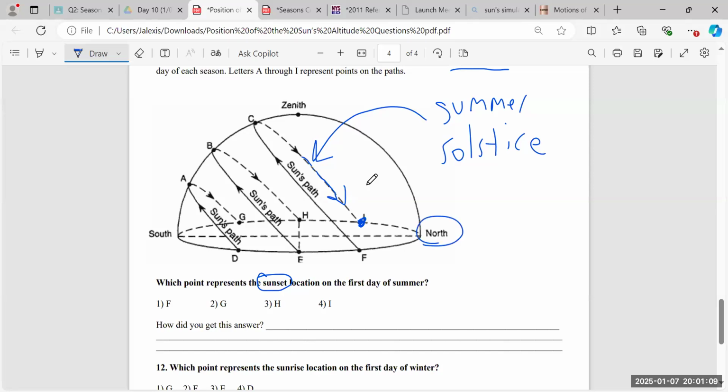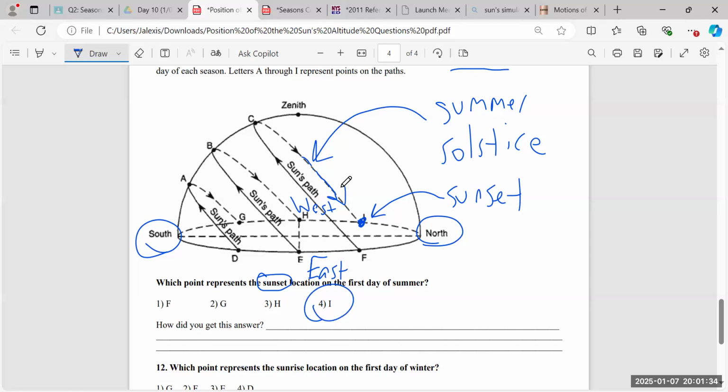If north is located here and south is here, east is going to be to the right of north, and west is going to be to the left of north. So therefore, sunset happens right between north and west, which would be location I.